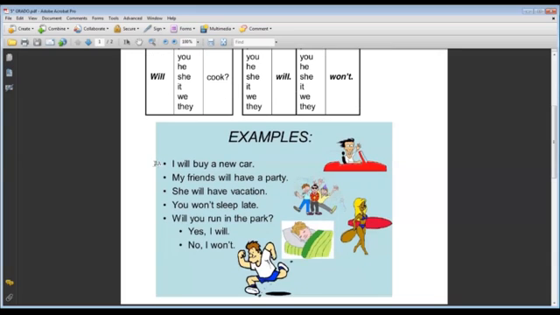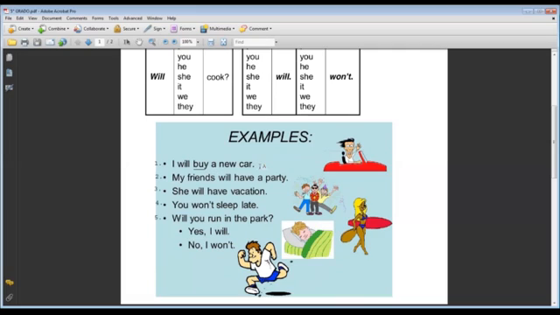Example number 1, example number 2, example number 3, number 4, number 5. Example number 1, I will buy a new car. Okay, the verb is buy. I will buy. Yo compraré.